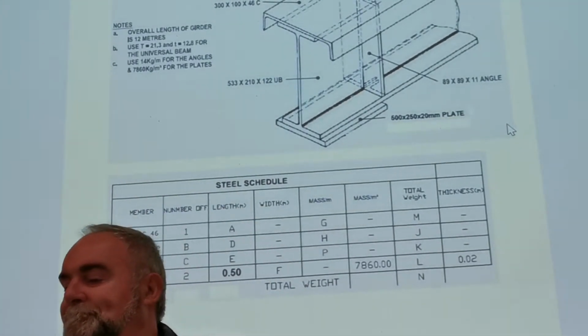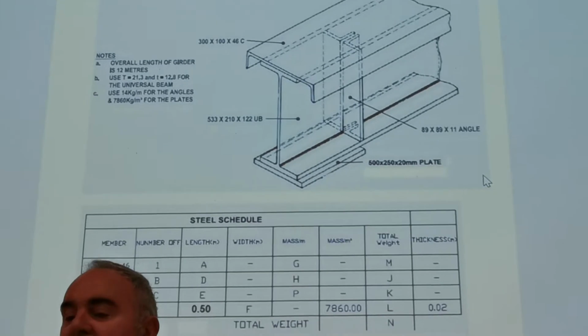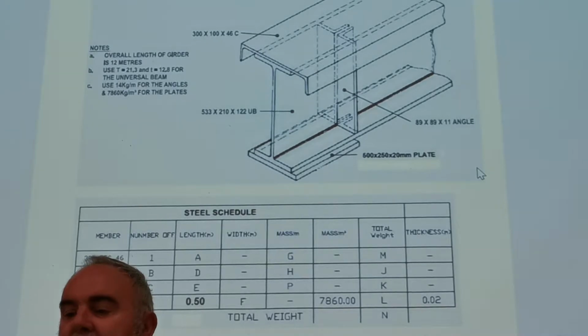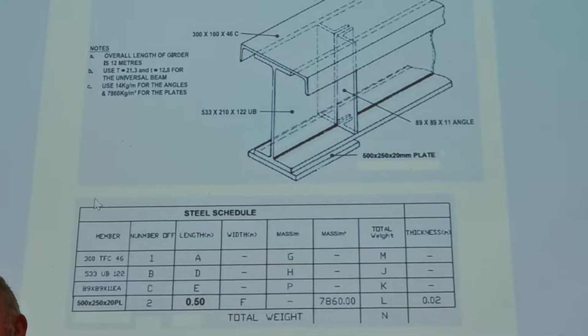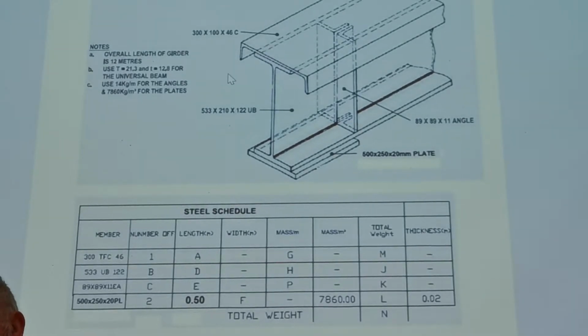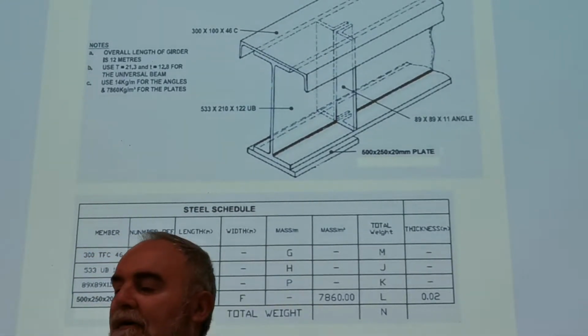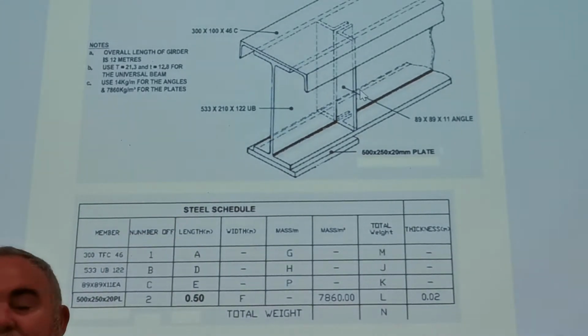My girder. So what I've done is I've used the same girder, same sketch, sorry, but I've played with the overall length, the weight of the angle, the other things I've played with is the size of this beam here, the size of this channel, and also the size of the plate, and also the size of the angles.